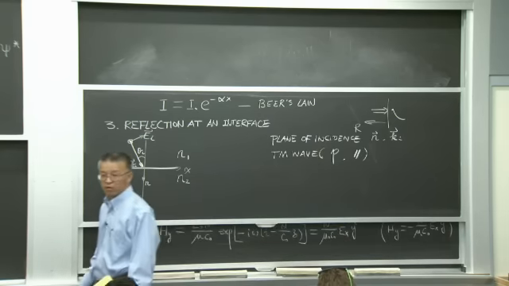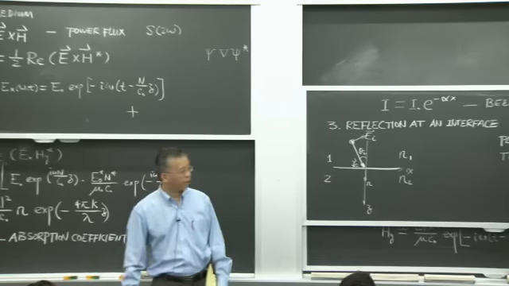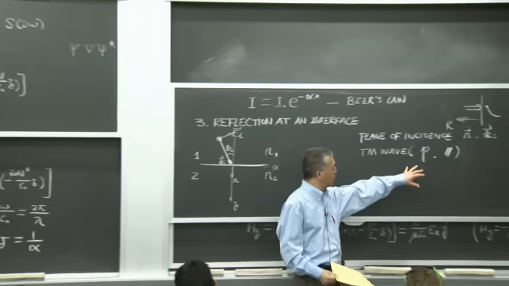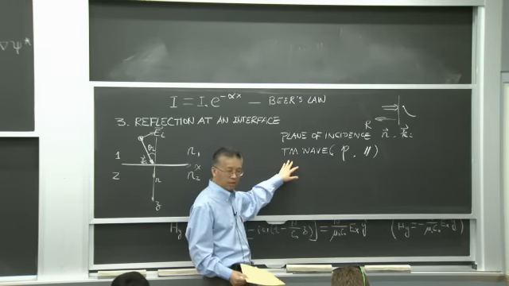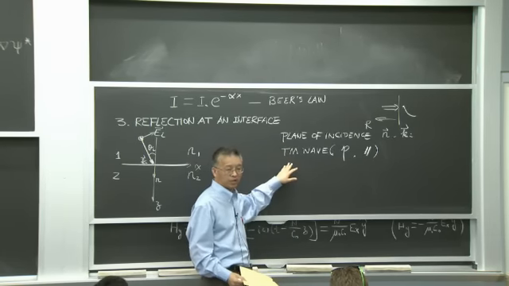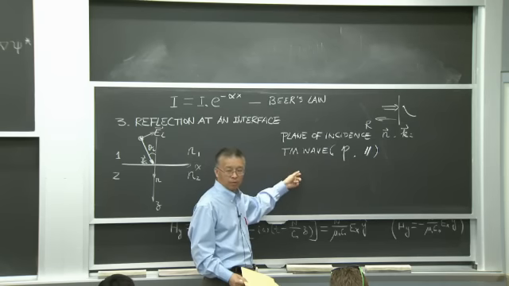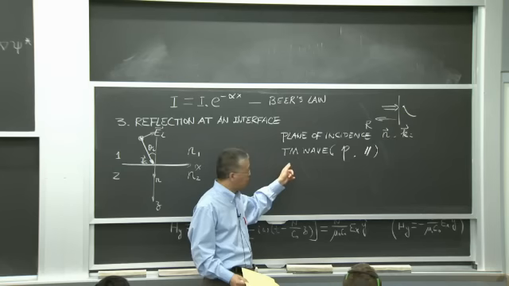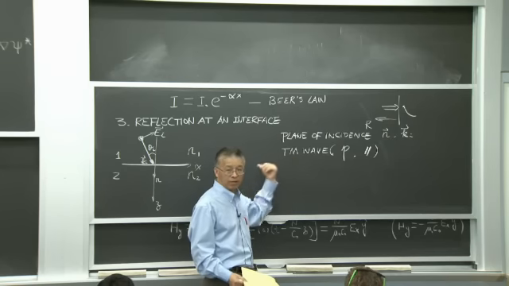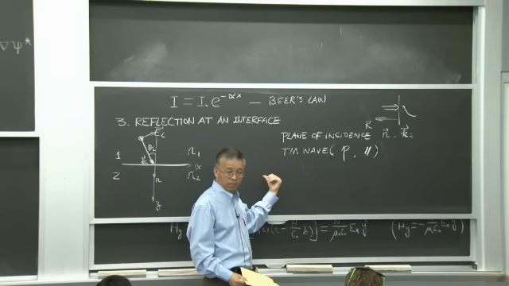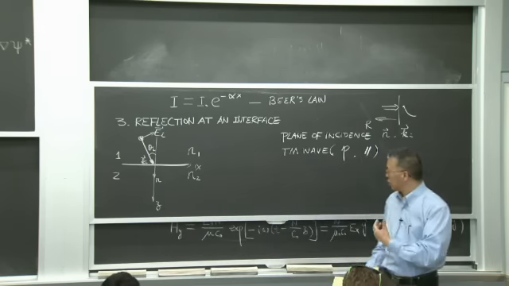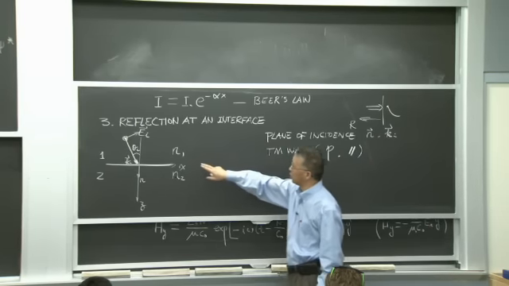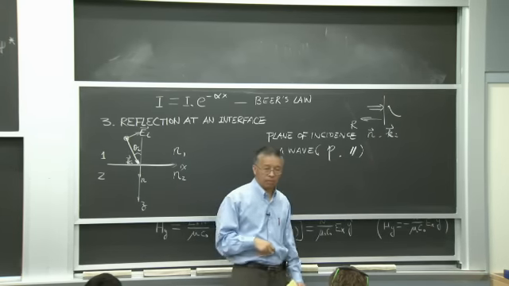So three different notations, right? Transverse is TM, that means magnetic field is perpendicular. TE means electric field is perpendicular. So what I'm going to derive is the situation where the magnetic field is perpendicular to the plane of incidence.